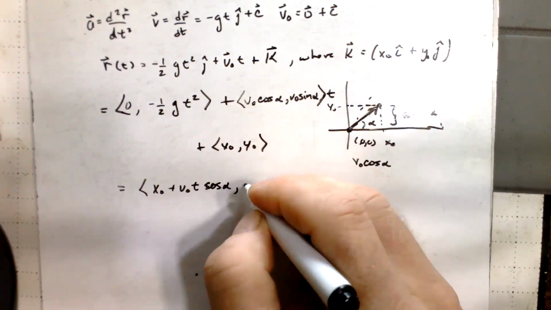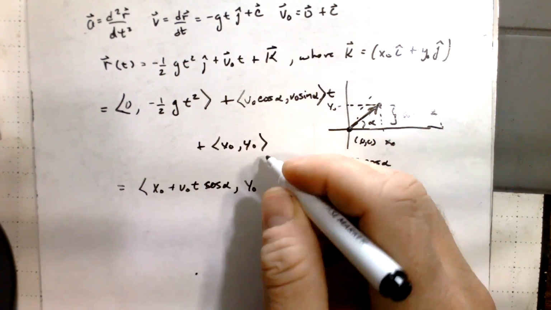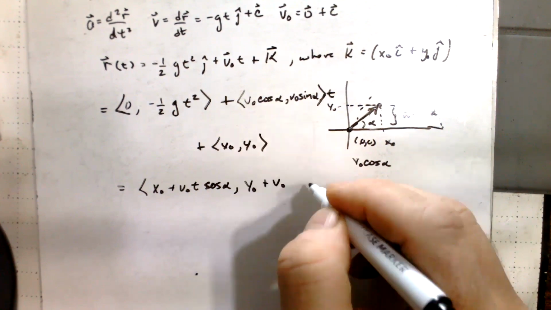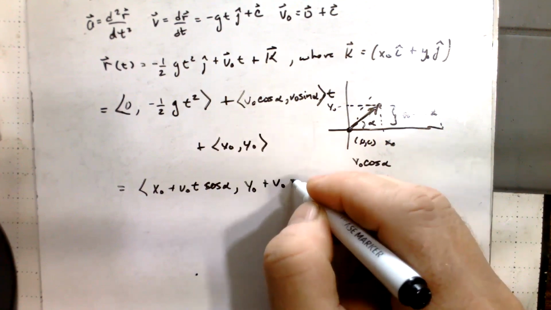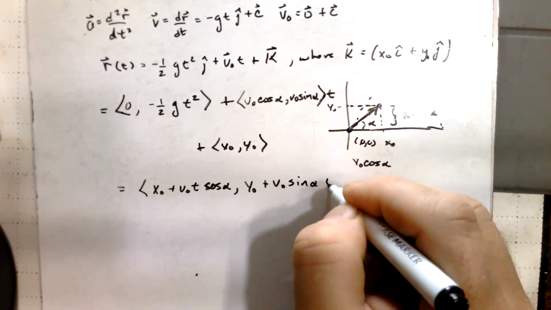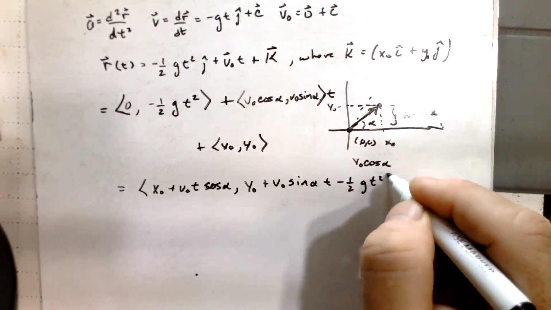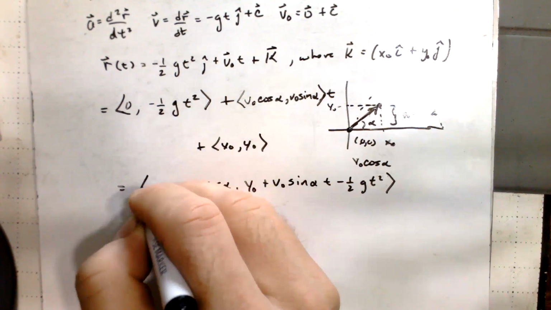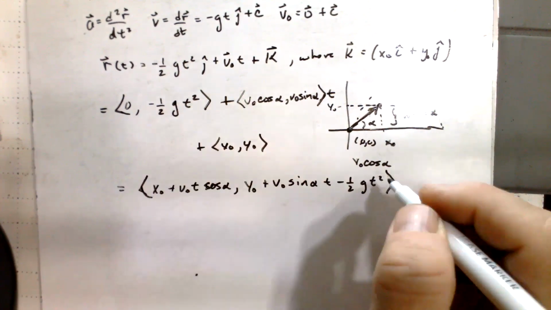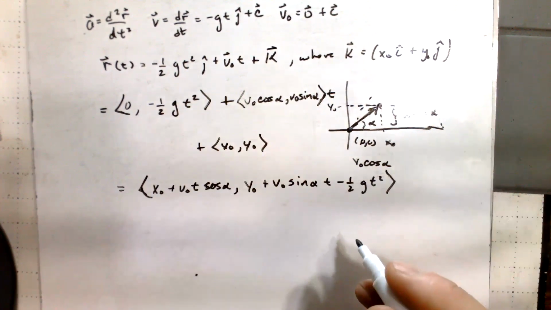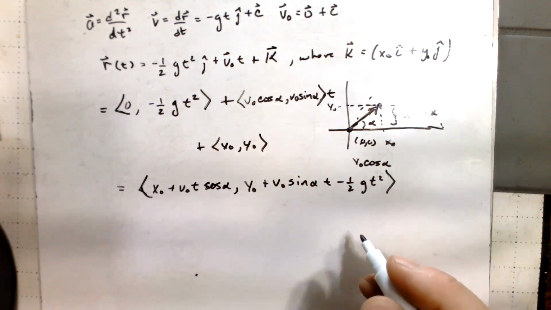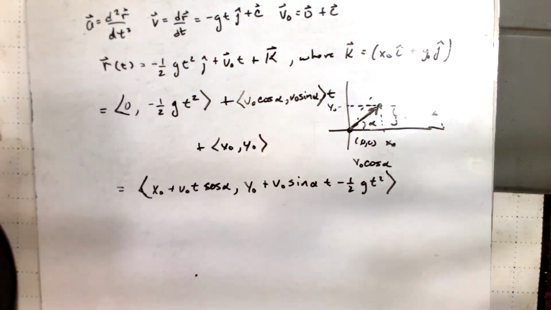And then we have y naught plus v naught sine alpha t minus 1/2 gt squared in the j hat direction. So there is our corresponding resultant vector for the situation where the new initial condition is inserted.